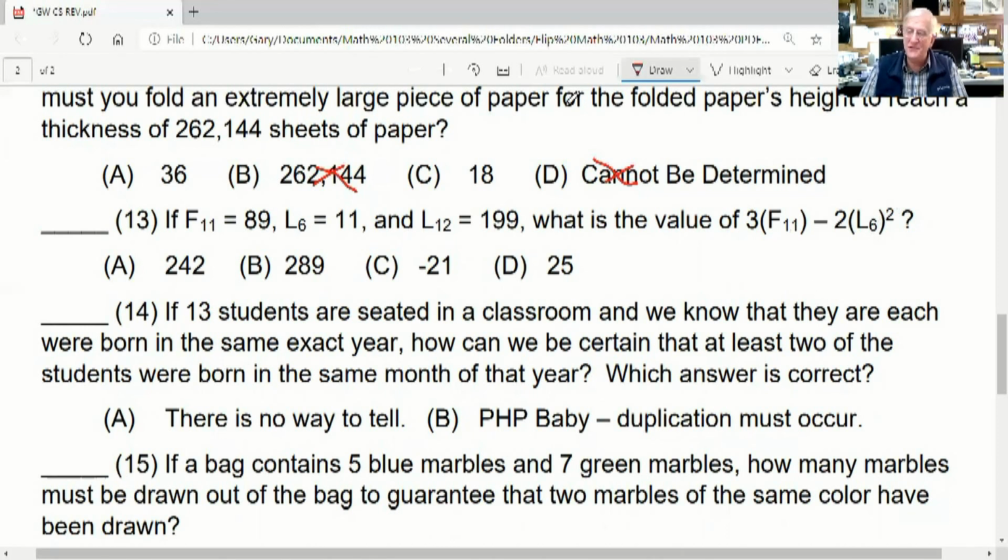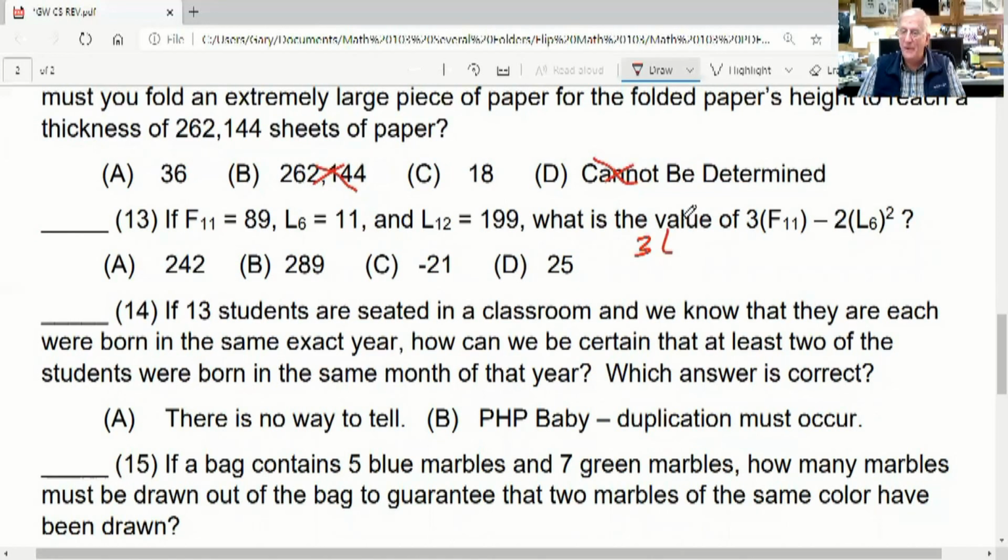So let's plug this in. 3 times Fibonacci number 11, which is 89, decreased by 2 times Luca 6, 11, and that 11 must be squared. You do not square the subscript. You square the actual Luca number.